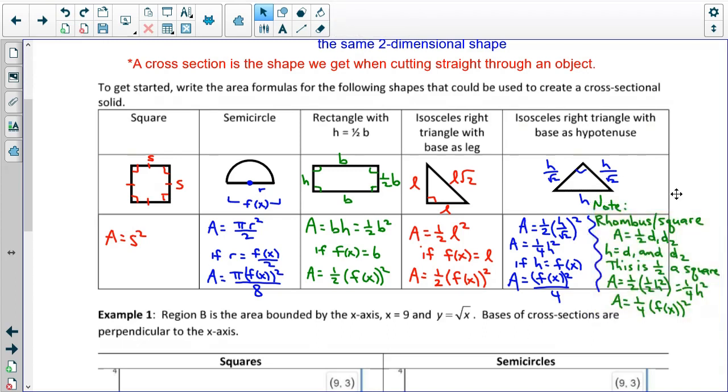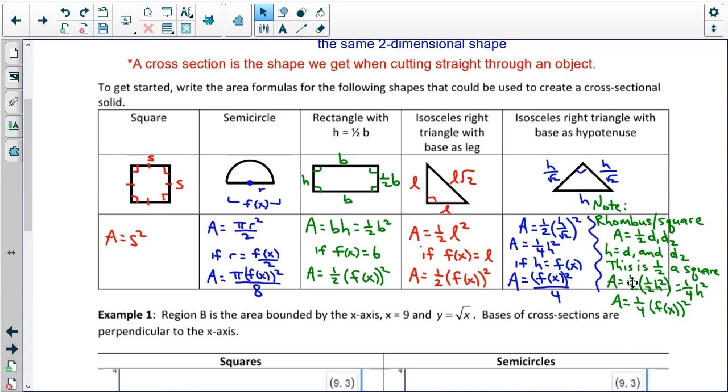But I'm going to recommend that you remember a formula from geometry, that for a rhombus or a square, you can find the area by doing 1/2 times the length of each diagonal. And in a square, the diagonals are the same length. So this triangle is half of a square. So the bottom part would complete the square.